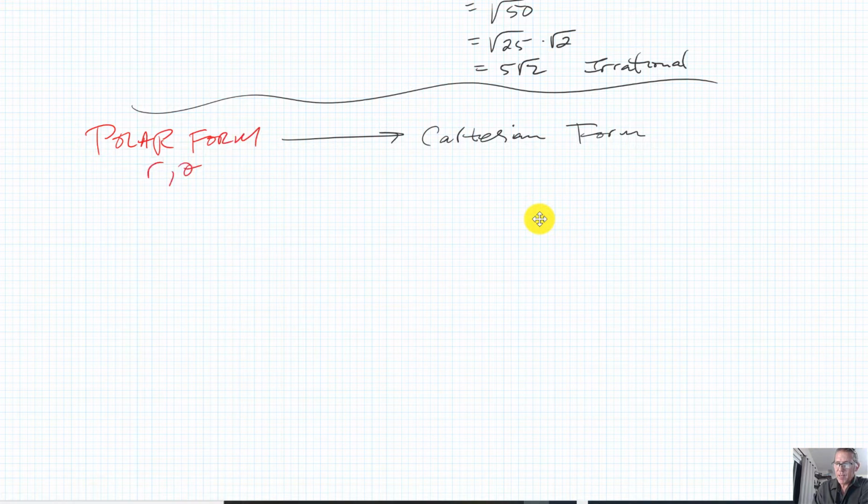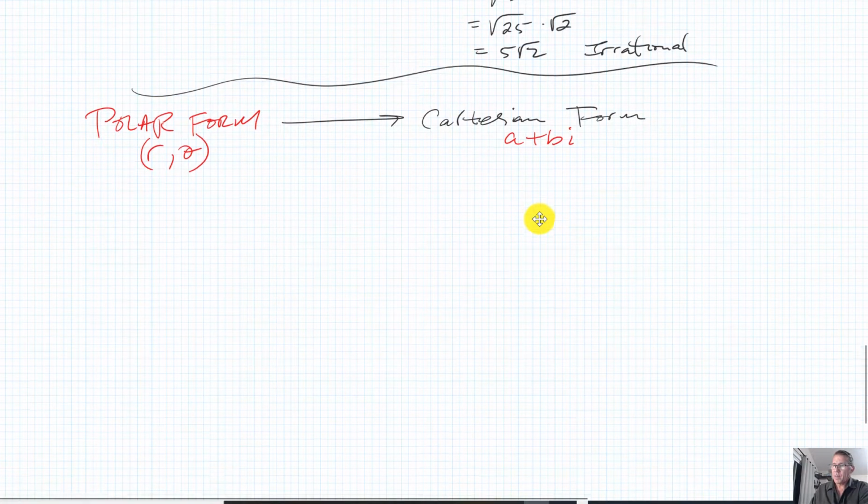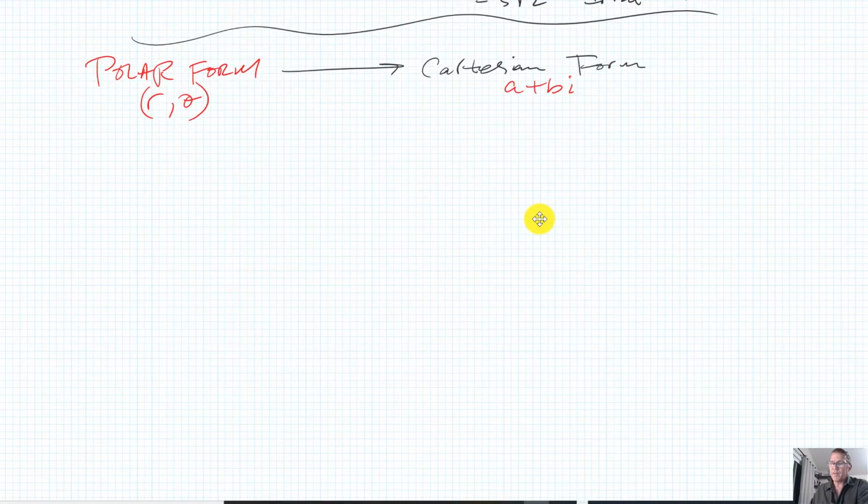So (r, theta) to Cartesian form a plus bi. That will cover trig form as well. Okay, so here we go. There will be a couple questions like this. One calculator based, one non-calculator based or unit circle based. So let's do the unit circle representative.